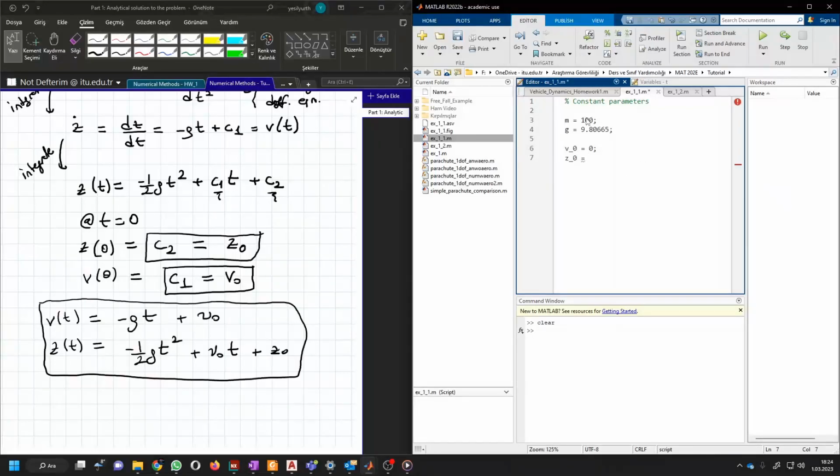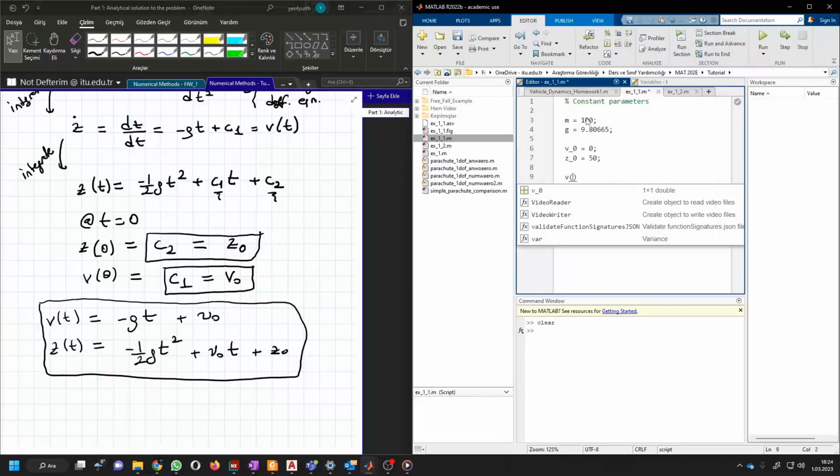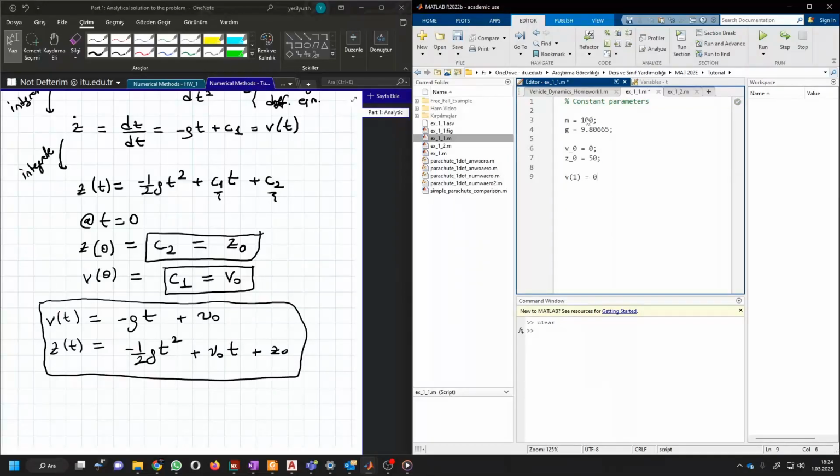Position initial condition of, let's say, 50 meters. Then I want to declare my state variables. V1 equal to 0, Z1 equal to 0, P1 equals 0.